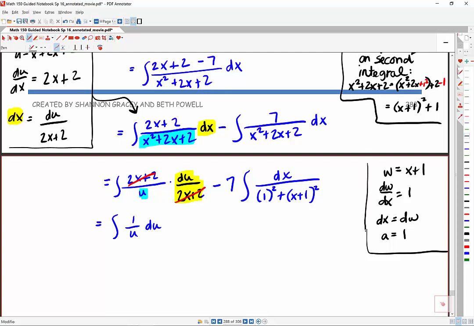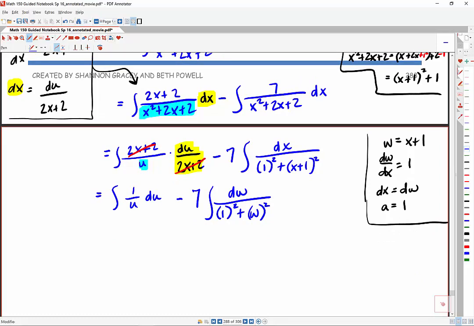Okay, so let's check it out. We would have minus 7 times the integral of dw over 1 squared plus u squared. Nope, sorry, w squared. Okay? So dx was equal to dw. Our w substitution is the x plus 1, and our a is the 1.